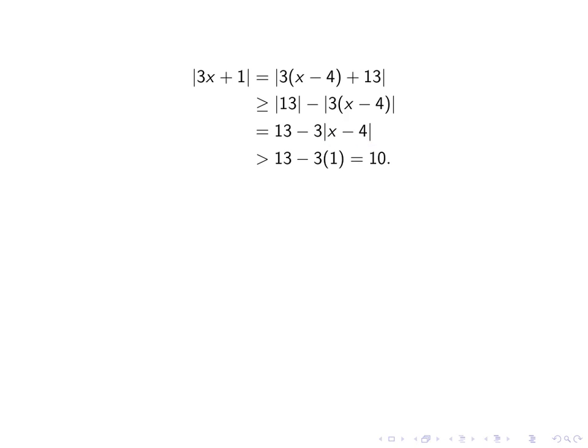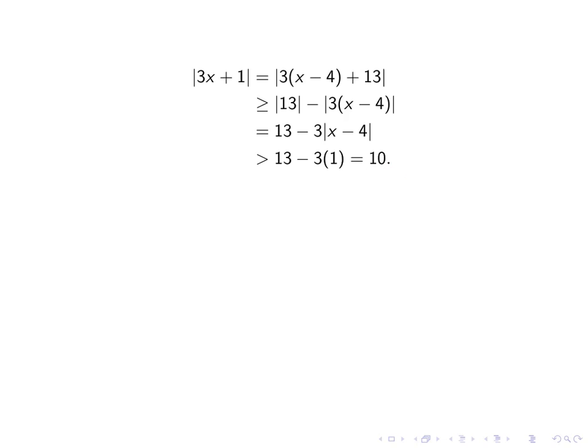The absolute value of x - 4 is less than delta, which is less than or equal to 1. So it's bigger than 13 minus 3 times 1, because when you subtract something, the inequality sign goes the other direction. And that's just 13 minus 3, which is 10.